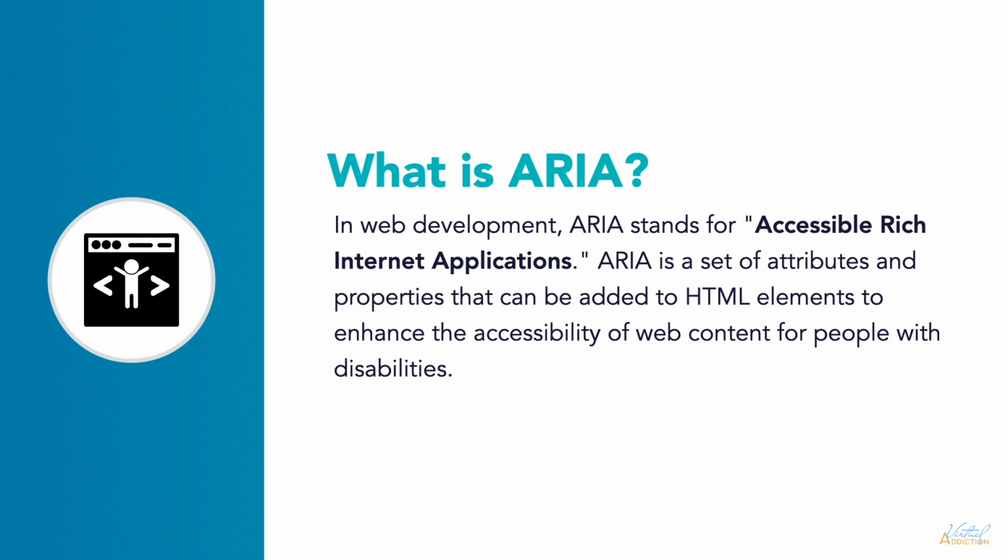Now, ARIA is not a true programming language, but it's a set of attributes that you can add to HTML elements to increase their accessibility. These attributes communicate role, state, and property to assistive technologies via accessible APIs found in modern browsers. The communication happens through something called the accessibility tree.